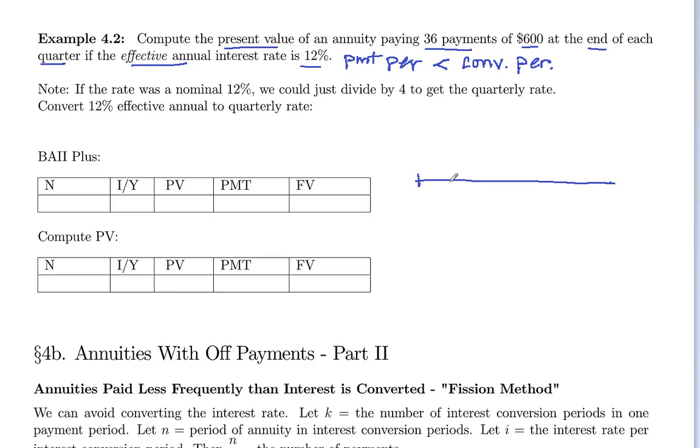So we've got 1, 2, 3, 4, with 600 at each, and keep those going out to 36 payments of 600. Those are quarters.